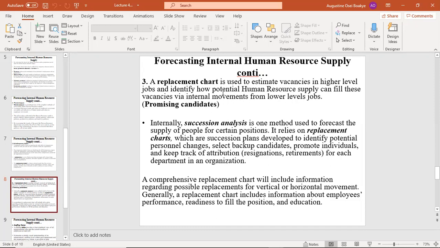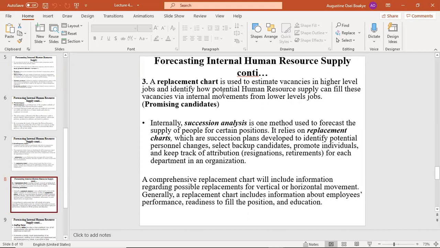When we talk about vertical movement, we are picturing the succession planning or the replacement charts from bottom up, because usually you have to succeed someone who is upper or occupying a higher position than you. That will be the vertical movement of the replacement chart.